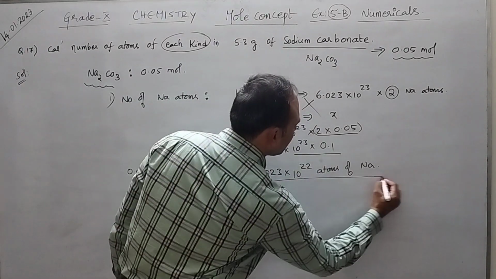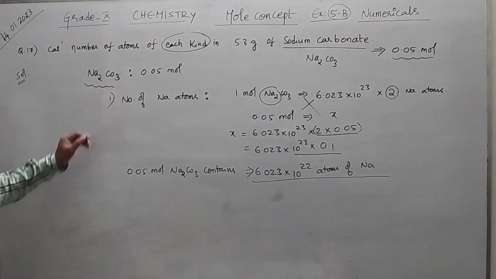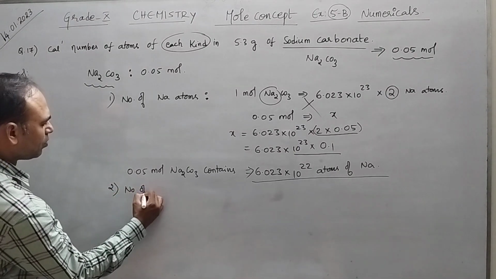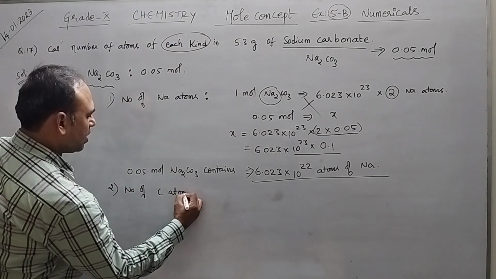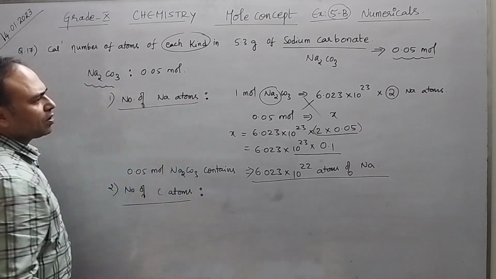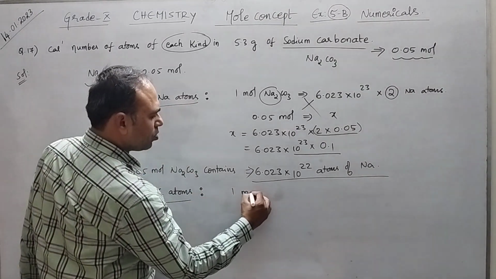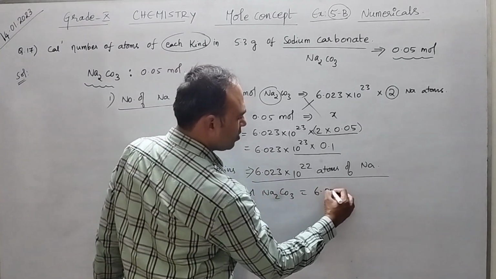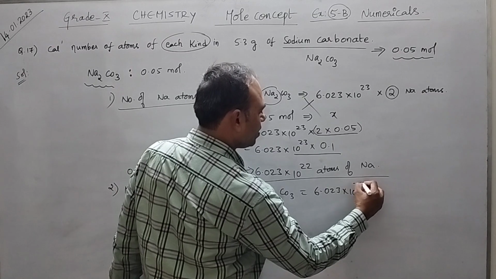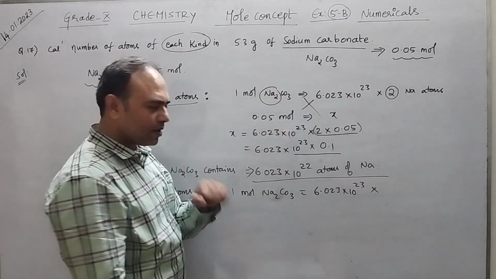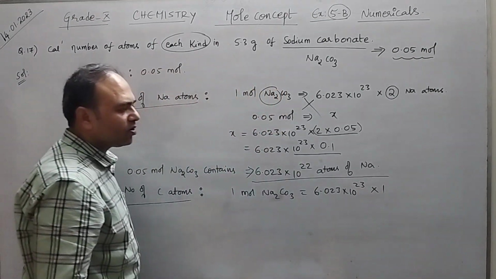Follow the same principle and you can calculate the number of carbons also. Second one, the number of carbon atoms. To calculate this, take 1 mole of Na2CO3, which is equal to 6.023 into 10 to the power of 23 into, what is the atomicity here? In Na2CO3 there is only 1 carbon, therefore atomicity is 1, so you put into 1.